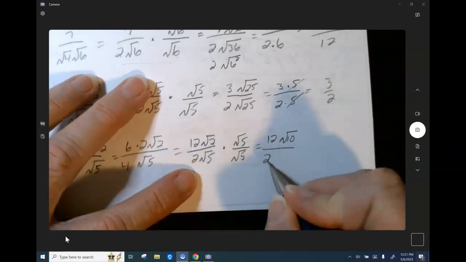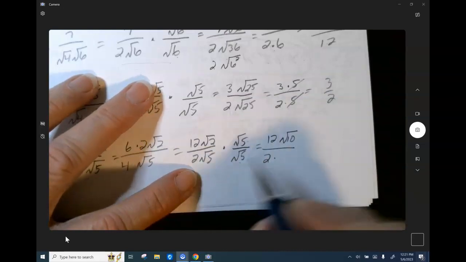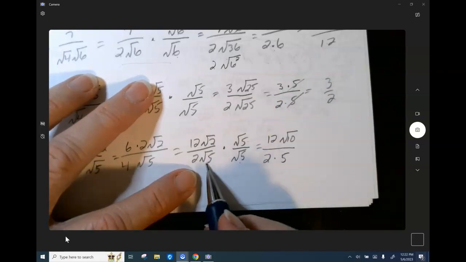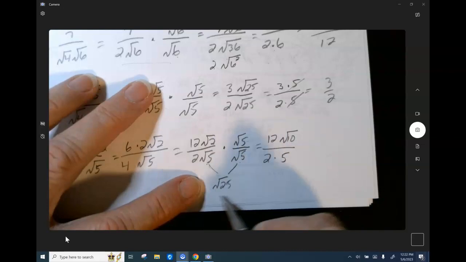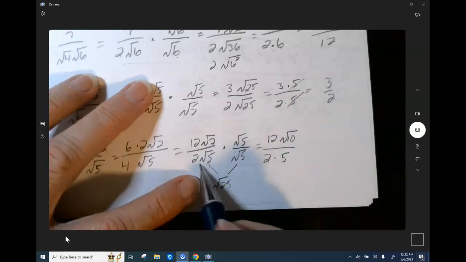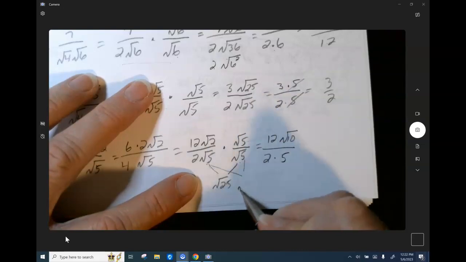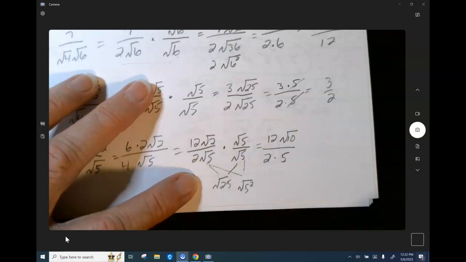On the bottom I have a 2. Square root 5 times square root 5 is going to give me square root 25, which gives me 5. I'm going to say that again. Square root 5 times square root 5 gives me square root 25. Square root of 25 is 5. But this could also have been written, square root 5 times square root 5 is also the square root of 5 squared. So see how the square and the square root can knock each other out.